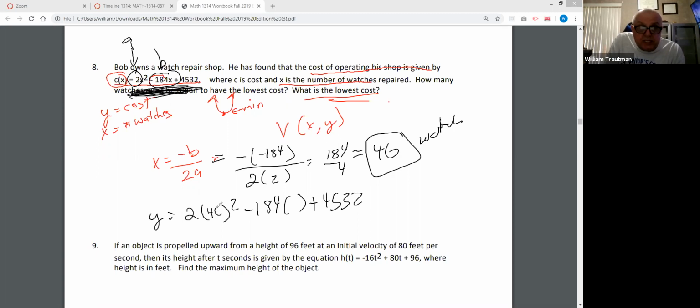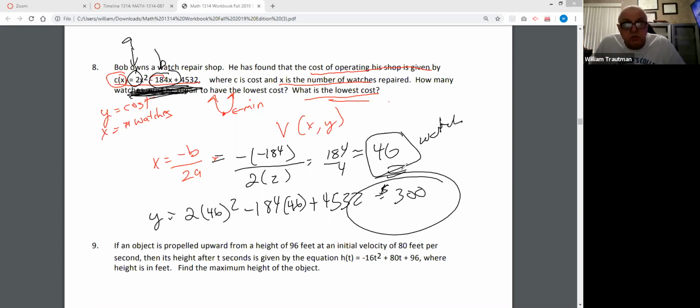And we're plugging 46 into it because that's how many watches there are, to find the lowest cost. 2 parentheses 46 raised to the second power minus 184 parentheses 46 close parentheses plus 4532 on my calculator. I got 300. So the lowest cost was $300 to do 46 watches.